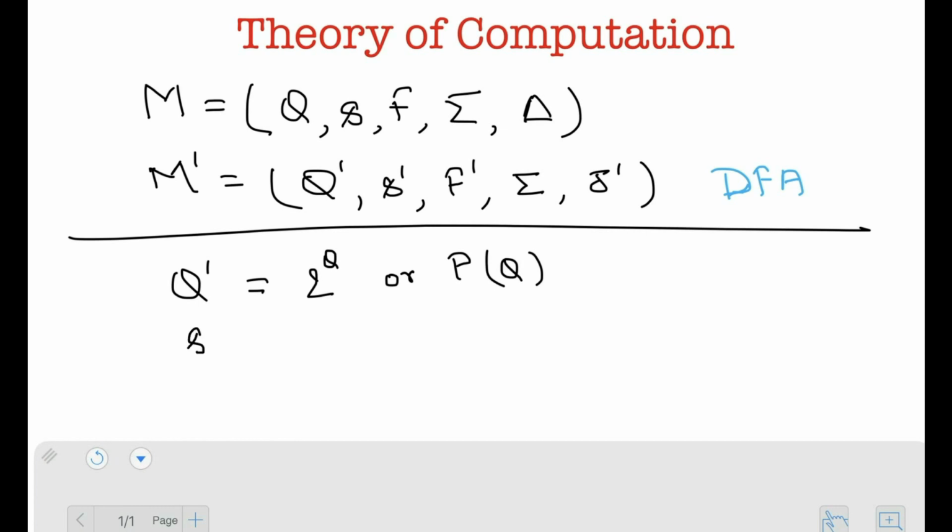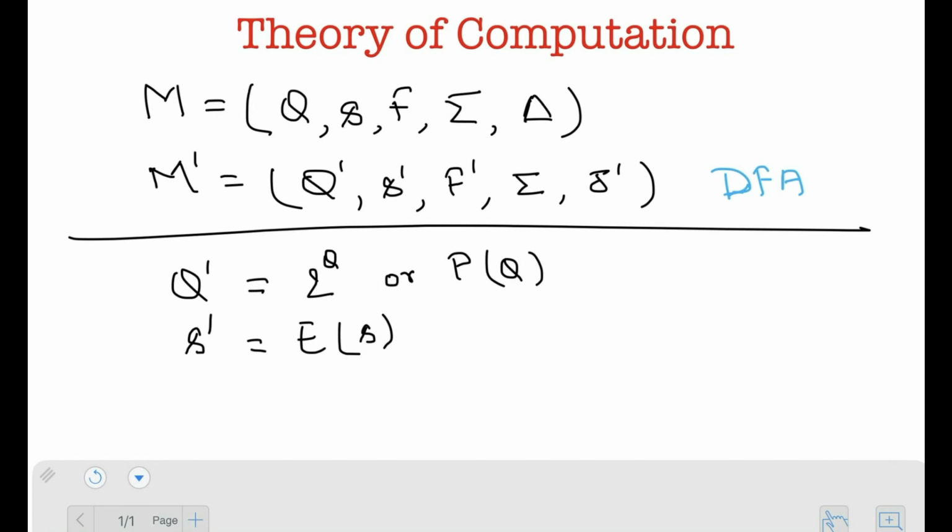The next thing I have is my S prime, and my S prime is going to be the epsilon closure of S, my start state. Again, this is pretty intuitive, because if I have an NFA which has some epsilon transition from Q1 to, let's say, Q2, then of course my start state for the DFA will be Q1, Q2, assuming that I did not have any other epsilon transitions from either Q1 or Q2.